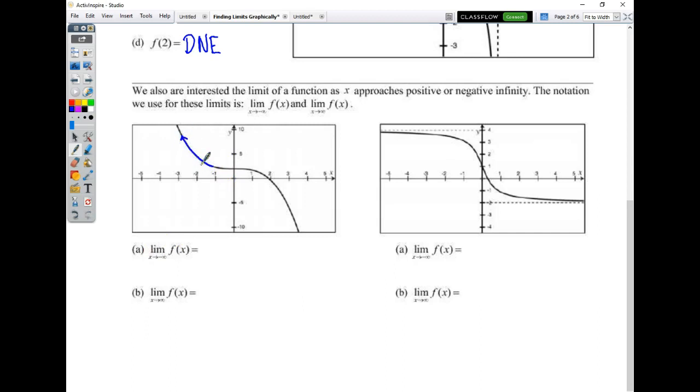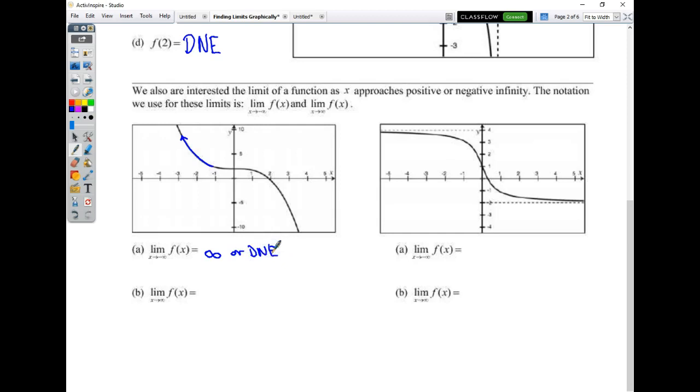So as the x's are decreasing and moving to the left, what is our function doing? Increasing. So what does it increase to? Infinity.